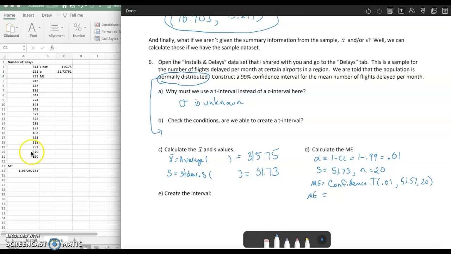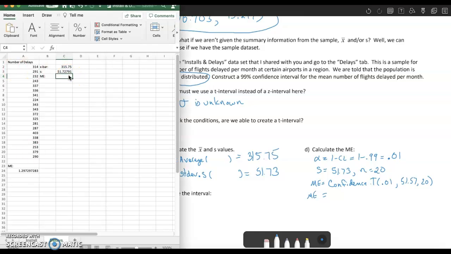So I'm going to go over here to my Excel again, equals confidence.t, put in those values. I'm going to keep 2 decimal places here again. That doesn't, let me see. Let's make sure I typed everything in correctly. .01, 51.7.